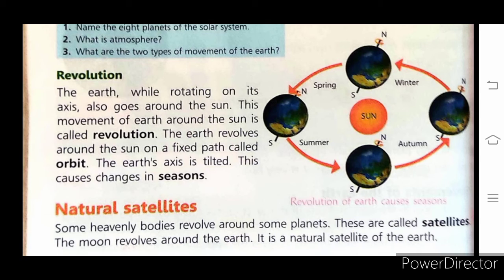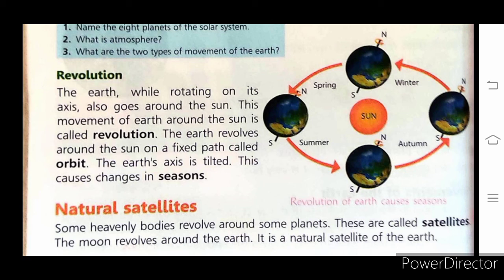See children, the earth while rotating on its axis also goes around the sun. As I have already told you, the earth spins around its own axis, and it also goes around the sun. And this movement of the earth around the sun is called revolution. When the earth moves around the sun, it takes 365 days, children, and this is called revolution.